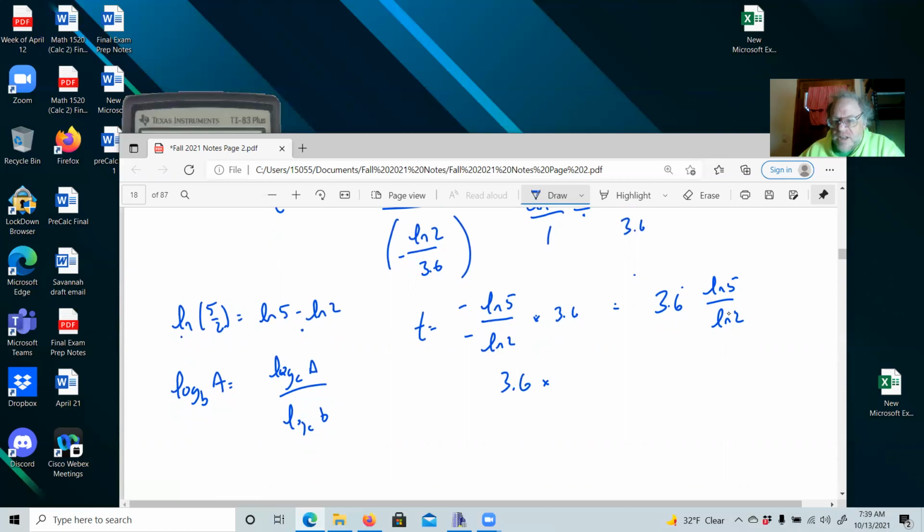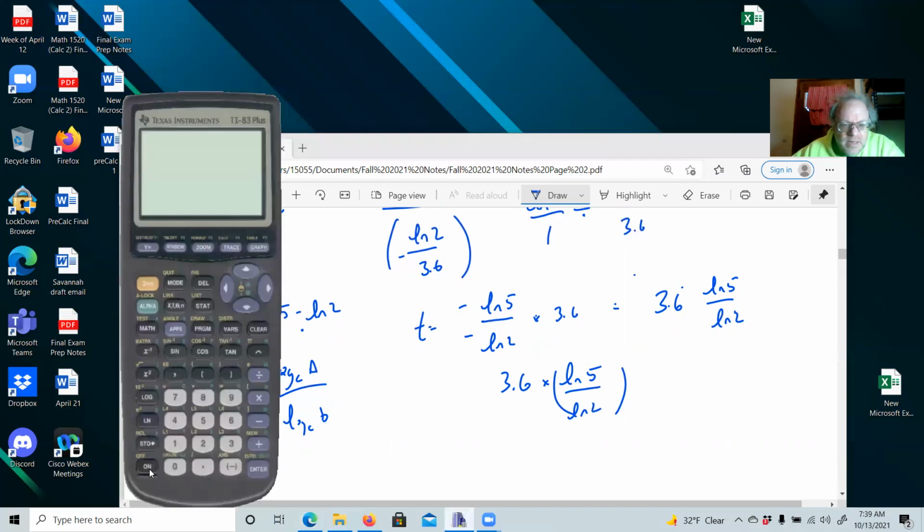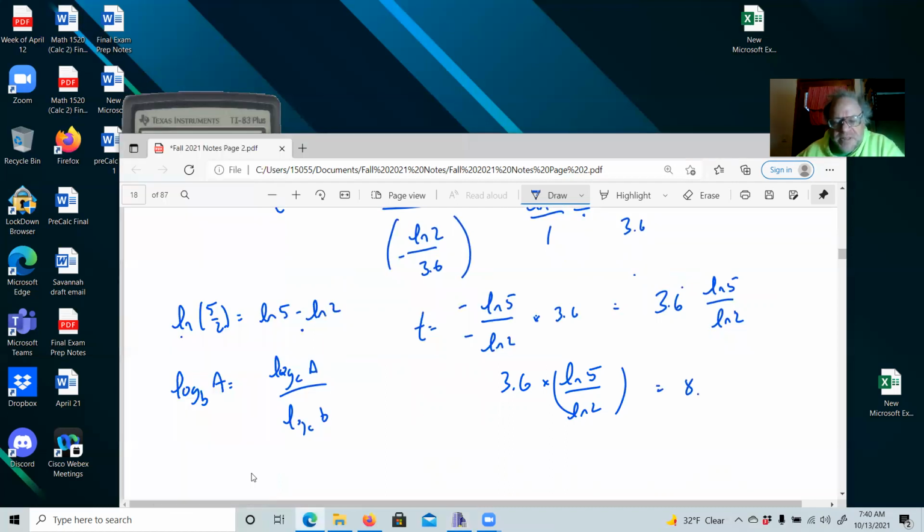So this is 3.6 times ln 5 divided by ln 2.